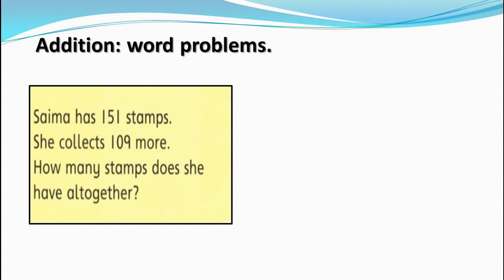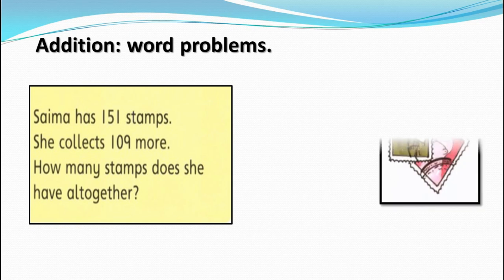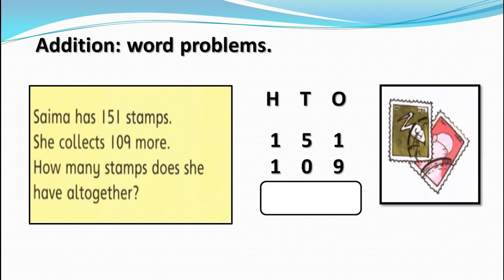So let's find out. Here we will add to find how many stamps Saima has. Let's add. 1 plus 9 equals 10. Here we will write 0 on ones and 1 ten will convert into tens.